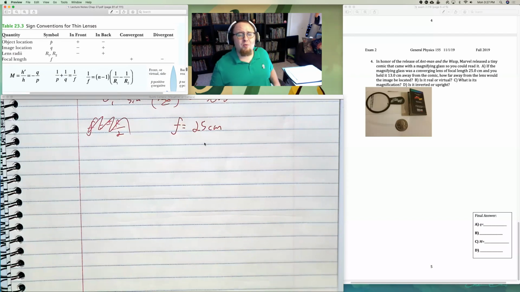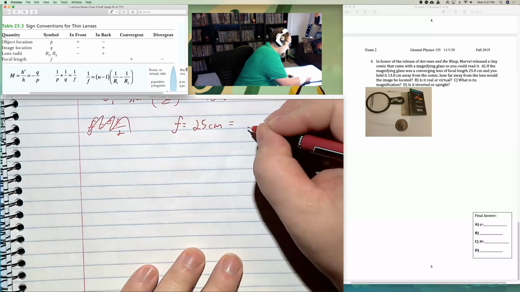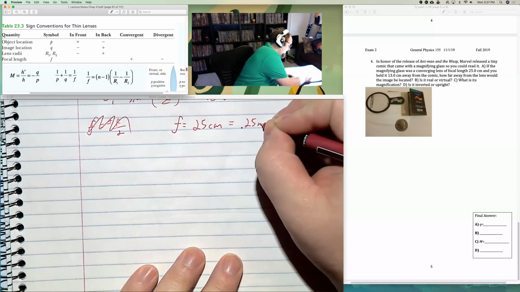Also, I know we always try to work in meters. With lenses, I sometimes cheat and just work in centimeters. The reason why is because everything is in the same term. I'm going to still work in meters here because I prefer to. So I'm going to say f is 0.25 meters.